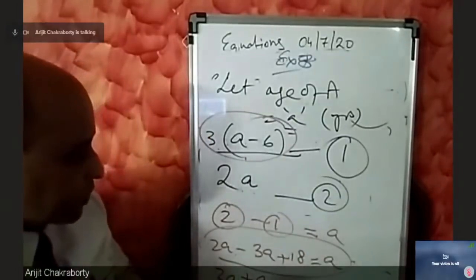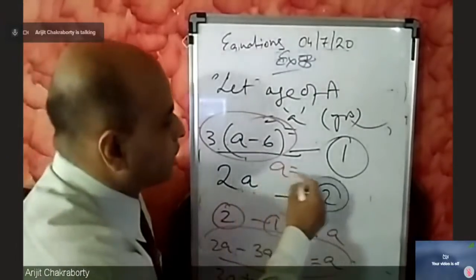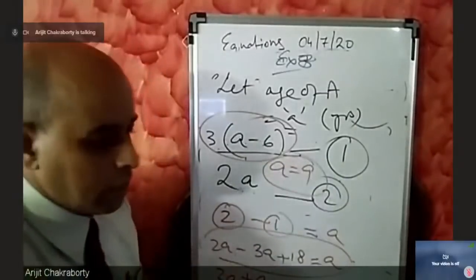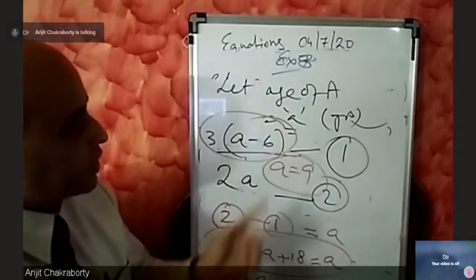That is 2A is 18, so A becomes 9. So his present age becomes 9. Okay, so you can see that A's present age is 9.